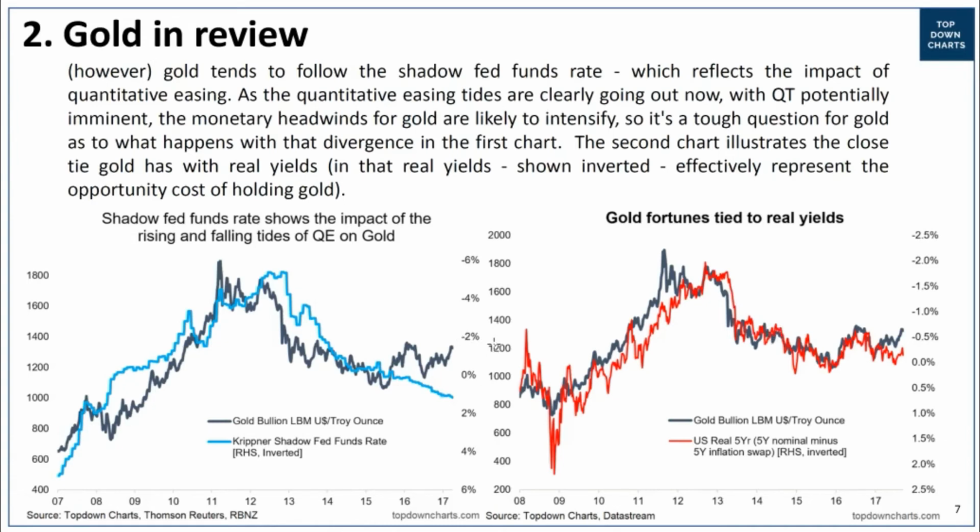What would put risks to that view would be if the US economy rolled over and the Fed had to cut rates and do more quantitative easing, ending up putting that blue line back up. That would be supportive for the gold price.